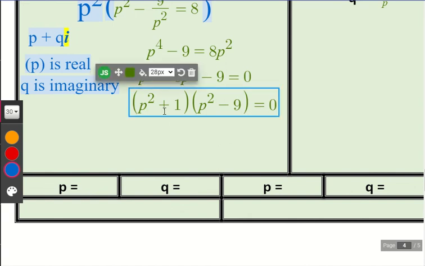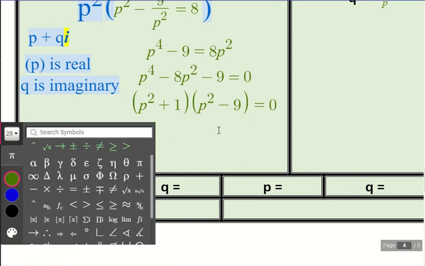And if you notice, p squared plus 1, because of this plus in the middle, will always give us an imaginary result. I can't factor that down and get a real number by itself because there's going to be the i involved. So I'm going to go directly to p squared minus 9 equals 0.